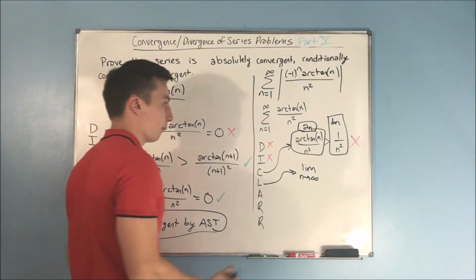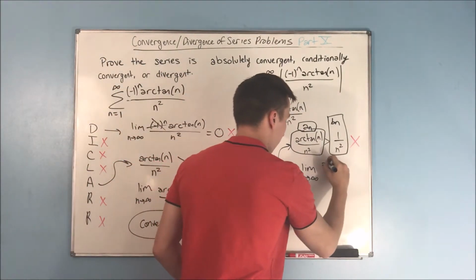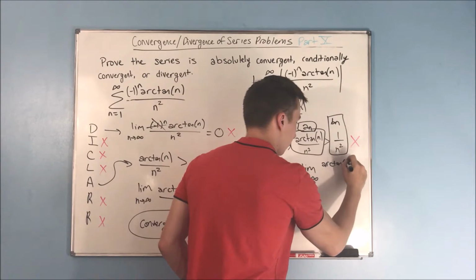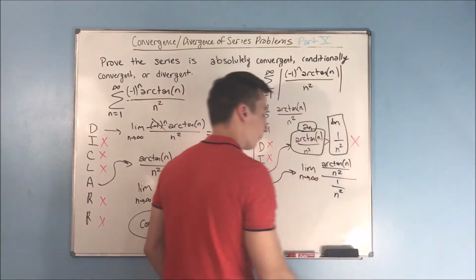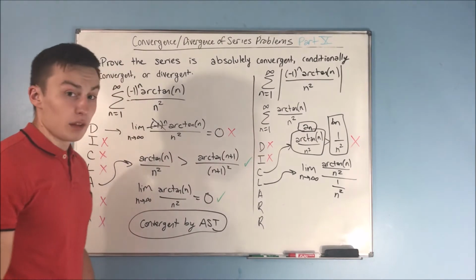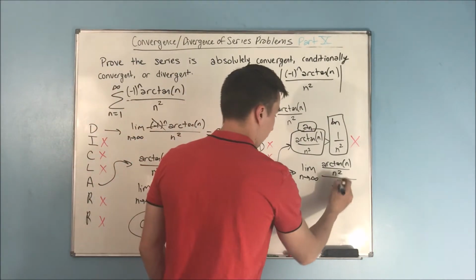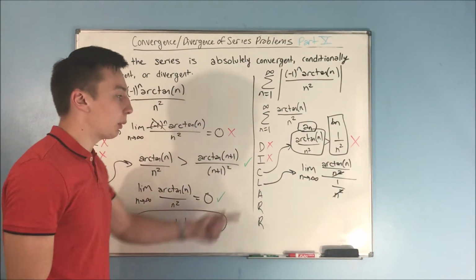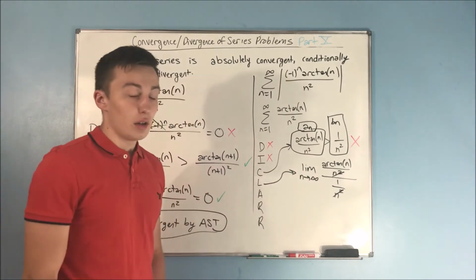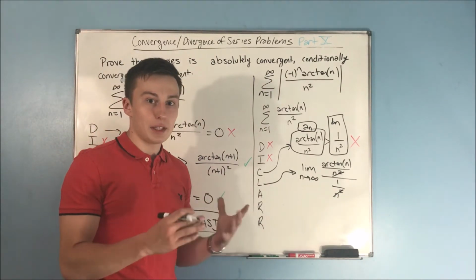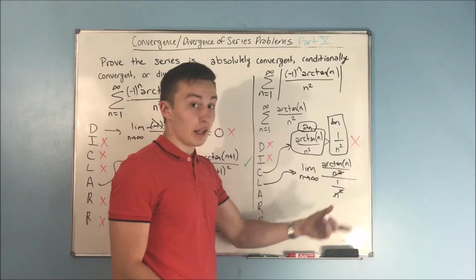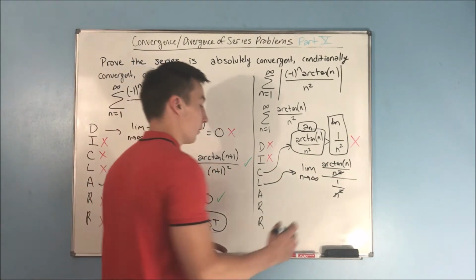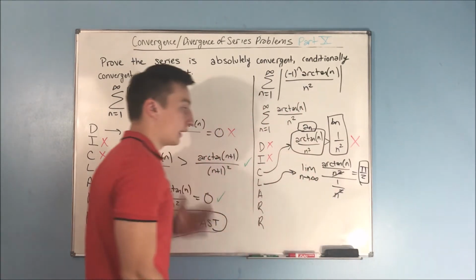Put them over each other, so you have arctan of n over n squared, over 1 over n squared. Well, these n squareds, of course, they're going to go away, and you're left with the limit as n approaches infinity of arctan n. That arctan graph really matters here. The limit as n approaches infinity of arctan of n is equal to pi over 2.